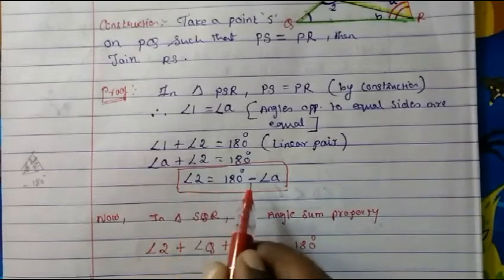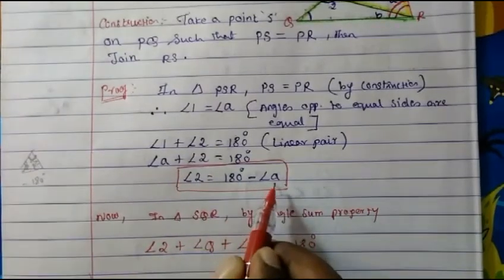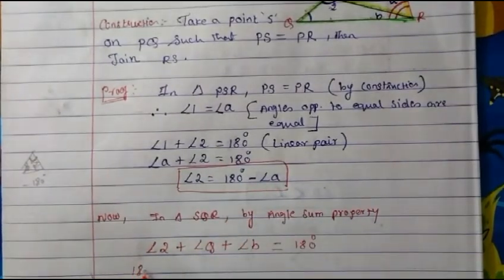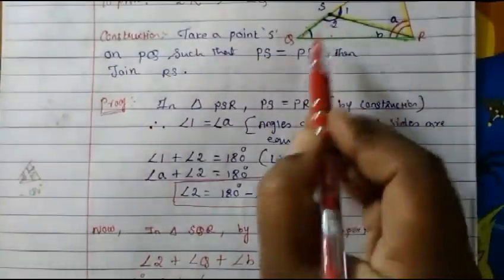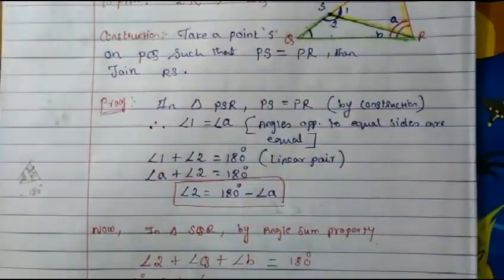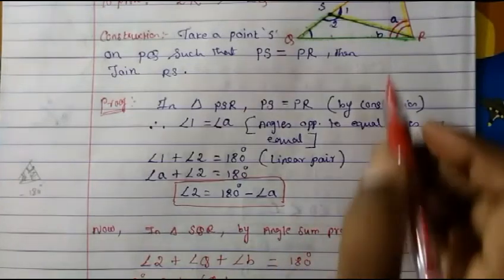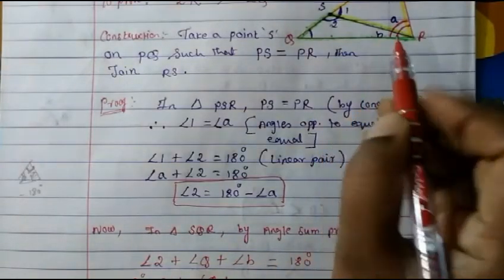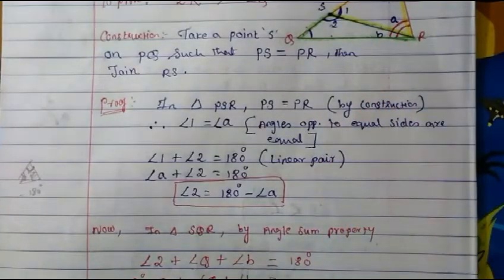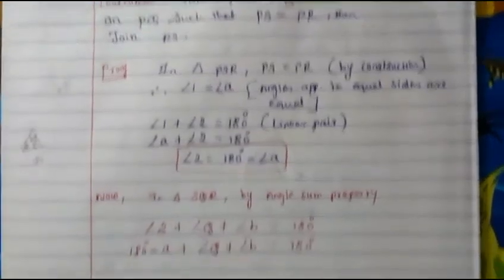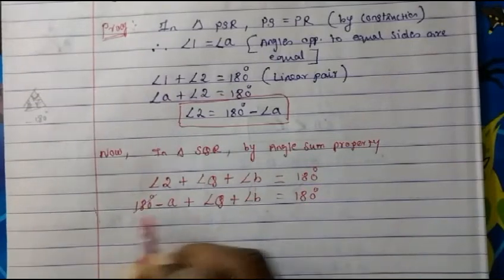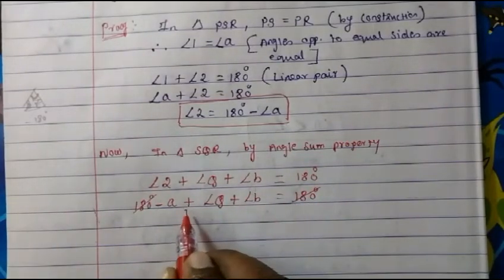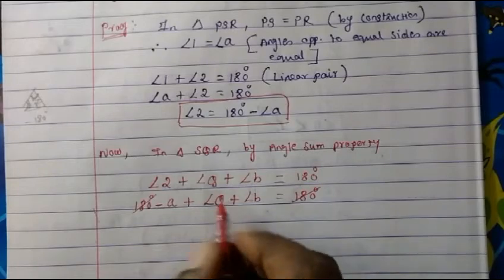Now angle 2 value we know, that is 180 minus angle A. So let's write down here 180 minus A plus angle Q, we don't know, so we have to find this. I'll write angle Q as it is. Angle B, let us write down as it is, equals 180 degrees. Now look here, 180 here also, so let's cancel that. Now we are left with this.